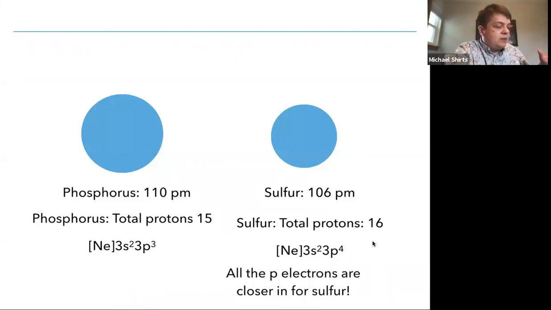And so even though you're putting another electron in the 3p orbital, maybe providing a bit of repulsion to force the other 3p electrons away, that's overwhelmed by the fact that you've added that extra proton, so that we're pulling all of the p orbitals in. Okay, so that's the trend. As you go across a row, the atoms get smaller, even though they're more massive.